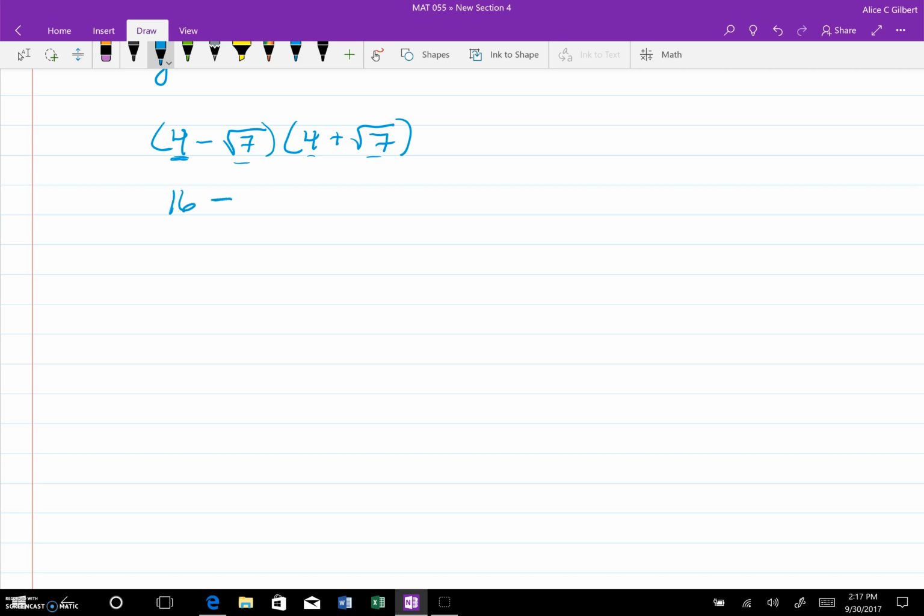I know in a difference of squares, that's going to be minus, and this is the square root of 7 squared, right? But remember from before, when the exponent and the index match, the radical falls away. So the square root of 7 squared is 7. 16 minus 7 is 9. That's it. We're done. Okay? Let's look at some more.